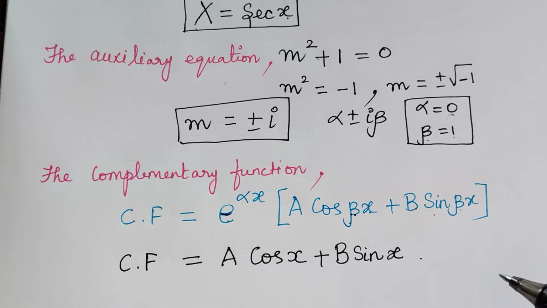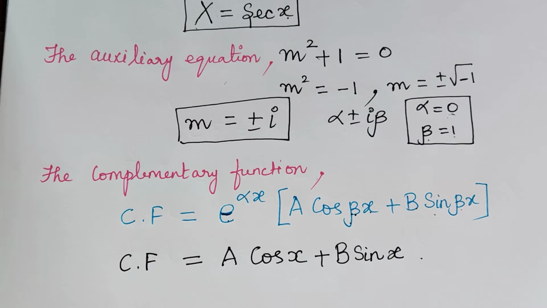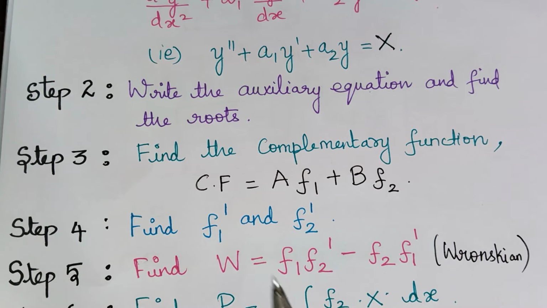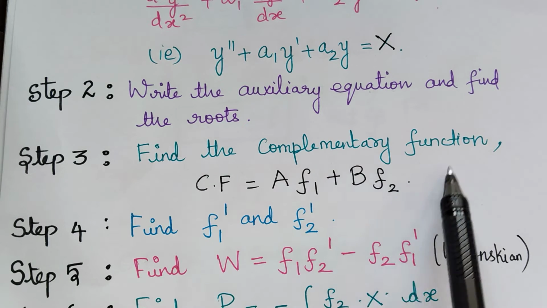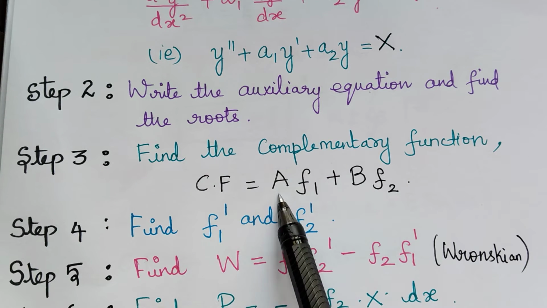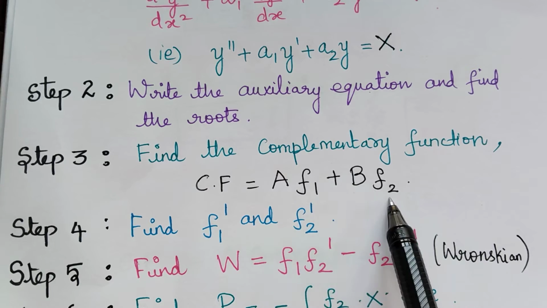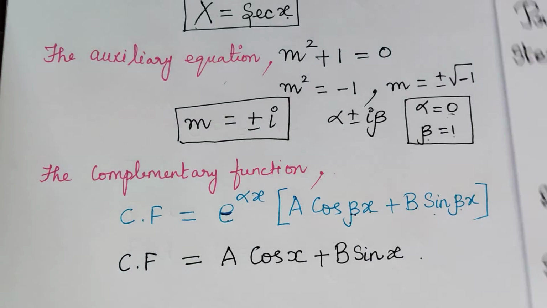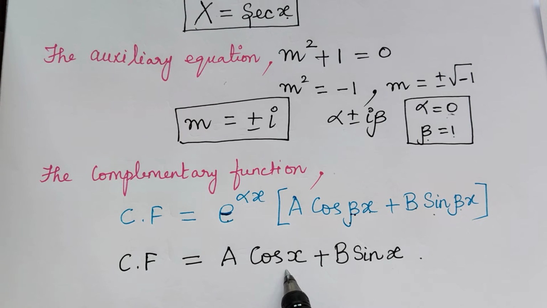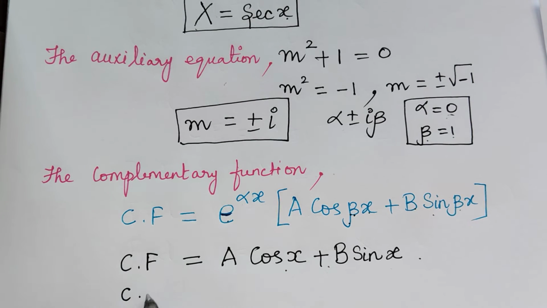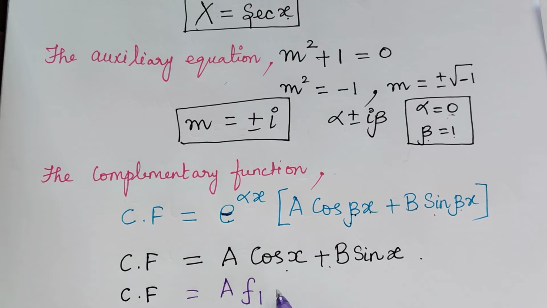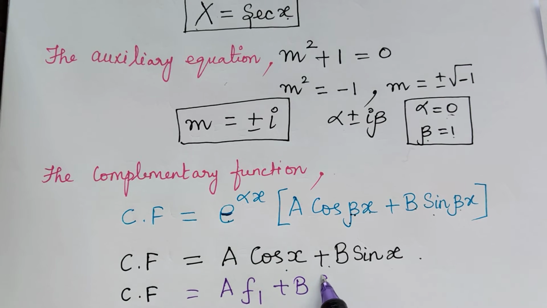Now we shall compare this complementary function with the procedure of the problem, that is step 3. So what is step 3? Find the complementary function CF, which is equal to A f1 plus B f2. So we have to compare with this. Here the complementary function is A cos x plus B sin x, and we have to compare it with the complementary function which is equal to A f1 plus B f2.